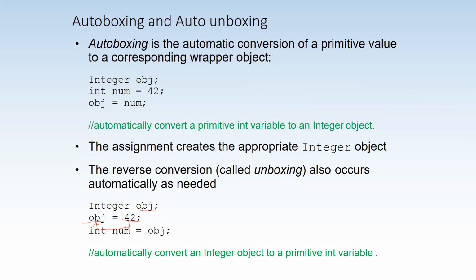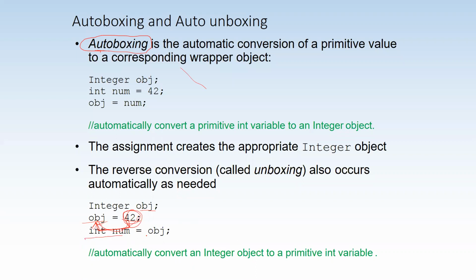And now you're assigning a primitive value to an object reference variable. What is that mechanism called? Right? Auto-boxing. You're automatically converting this primitive value into an object.